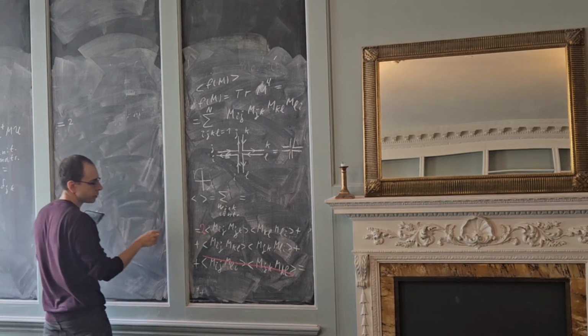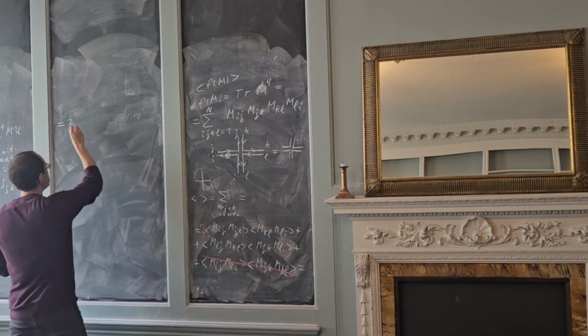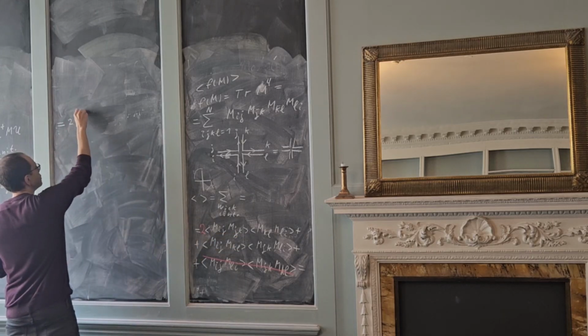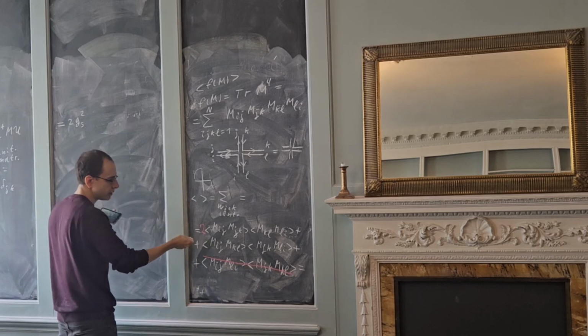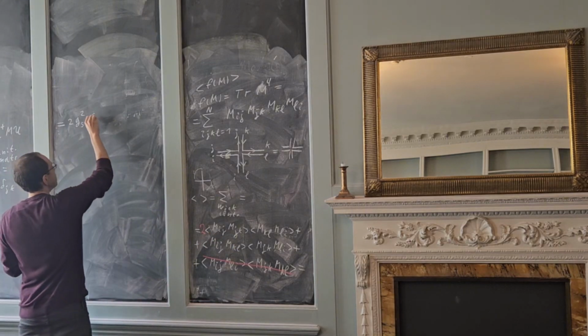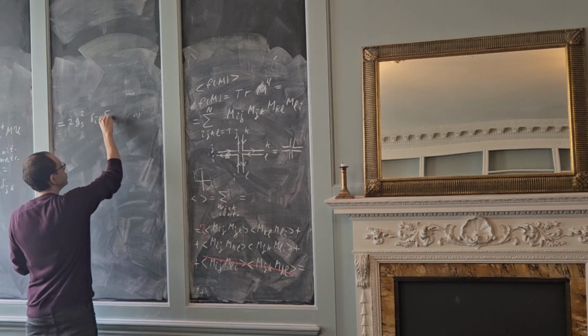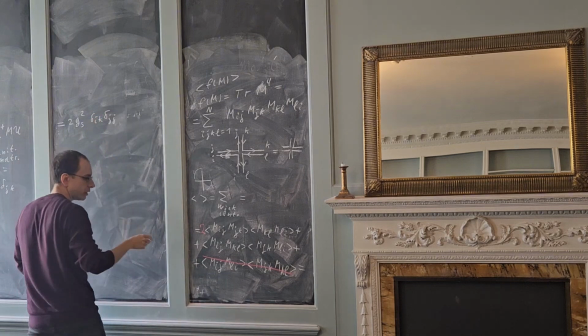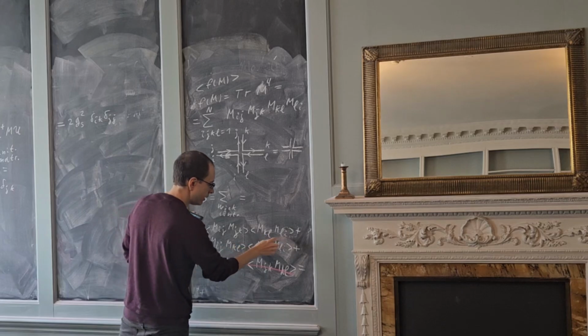So the first one, there are 2 propagators. There are going to be g_s squared. What's important is the indices: delta_IK, delta_JJ. The second one, delta_KI, delta_LL.